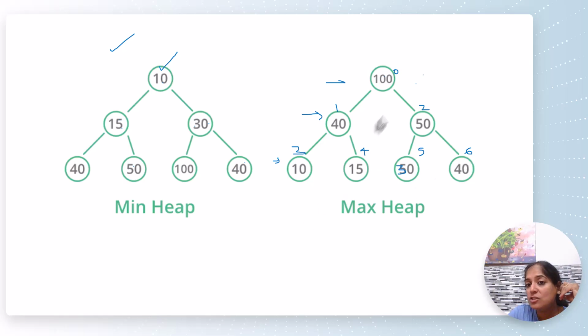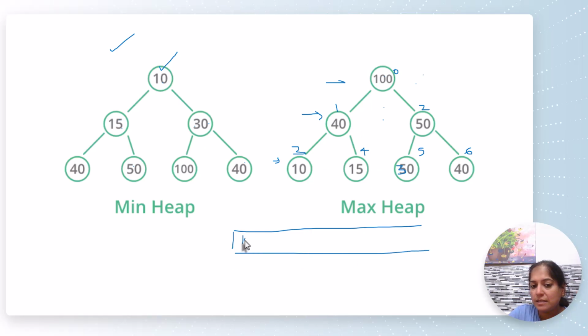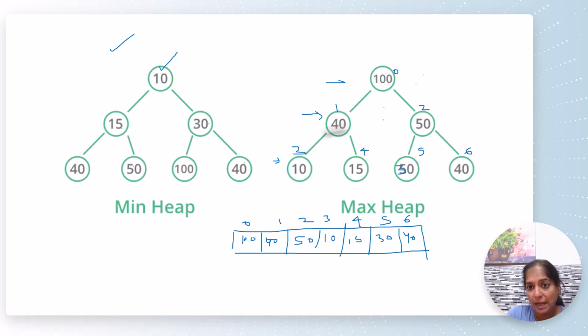If I'm going to store this max heap in the array, it will be something like this. 100 will go on index 0, then 40, then 50, then 10, then 15, then 30, and then 40. So by traversing your heap level-wise, we can store the elements of the heap in an array.